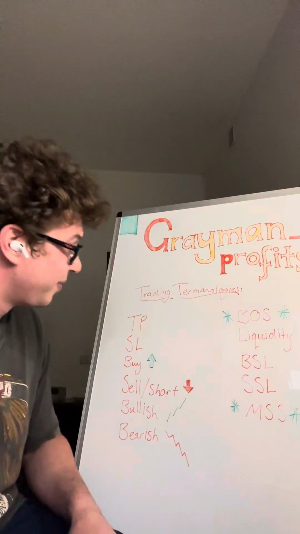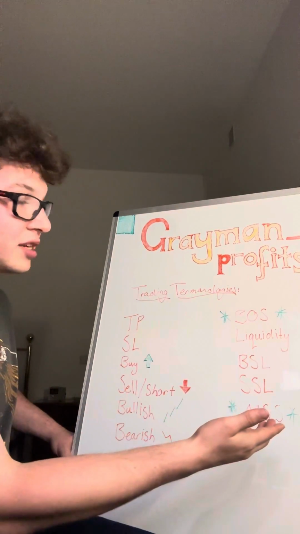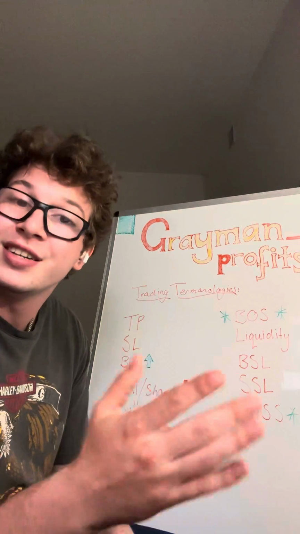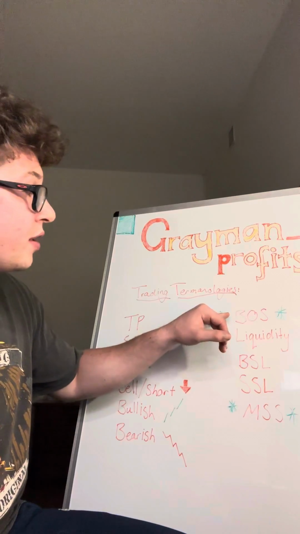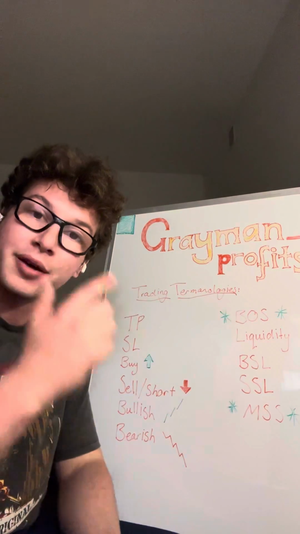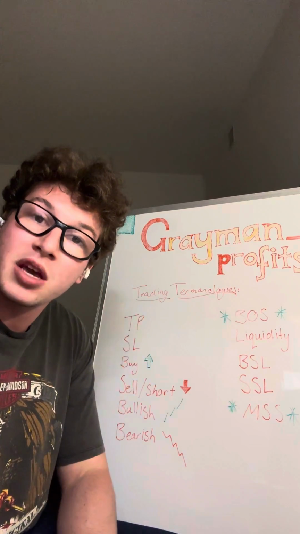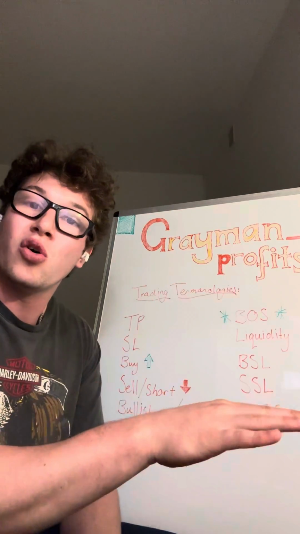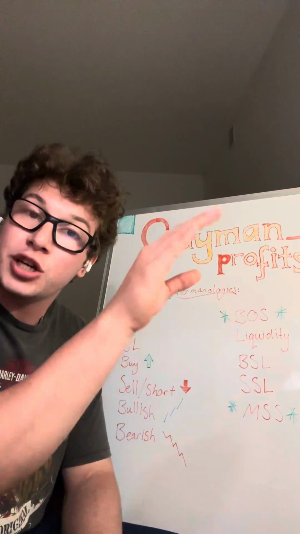Additionally, these here on the right-hand side are the more difficult concepts. And I understand, don't worry, take your time to learn them. This one here is break of structure, BOS. What you'll see is often when you're watching the charts, you'll see a little symbol come up saying BOS. All this indicates is that the structure or the predictability of the market at that point has changed.